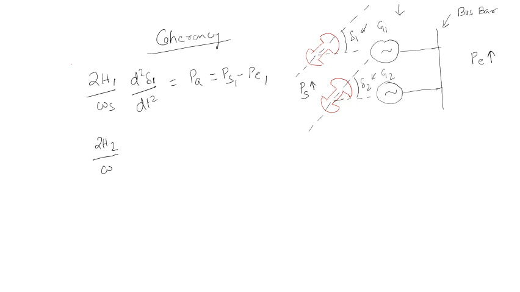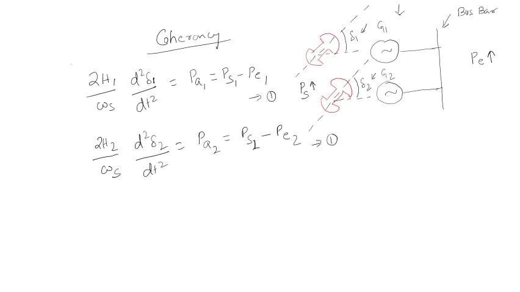So what I can write: 2H2 d square delta 2 upon dt square equals PA2, that is equal to PS2 minus PE2. So these are the two equations for two different generators.